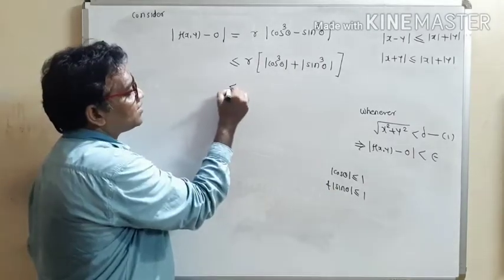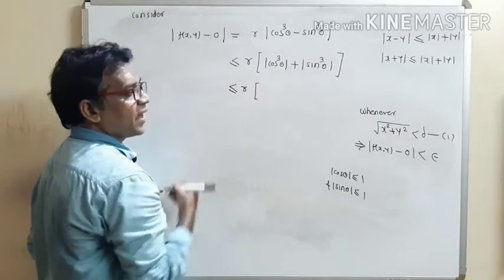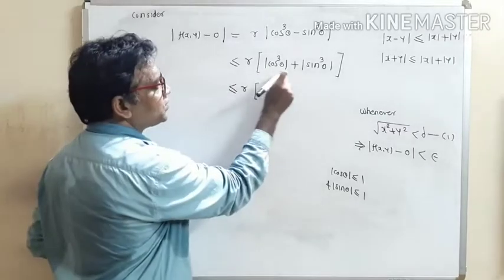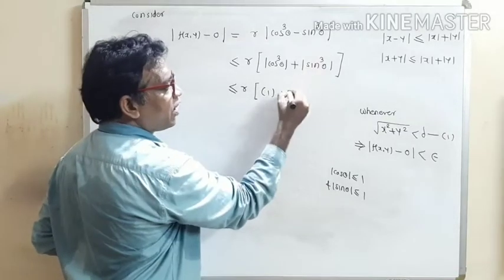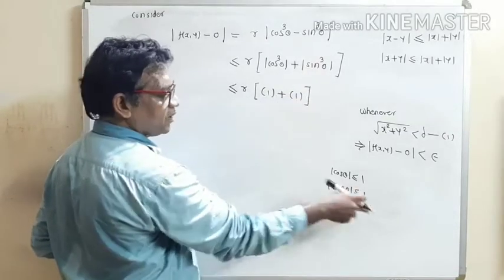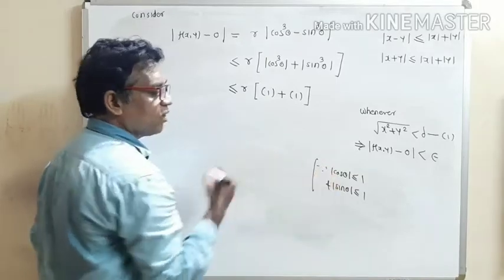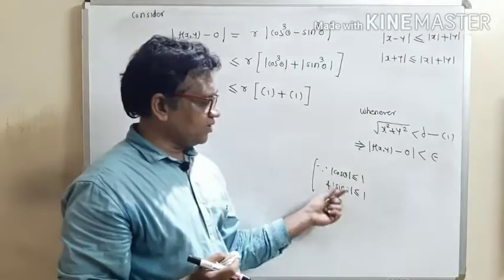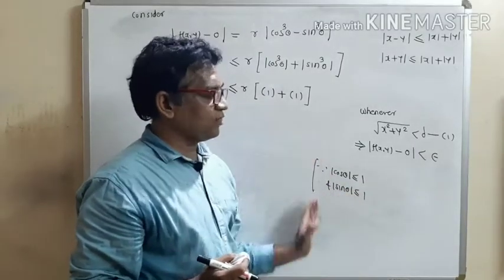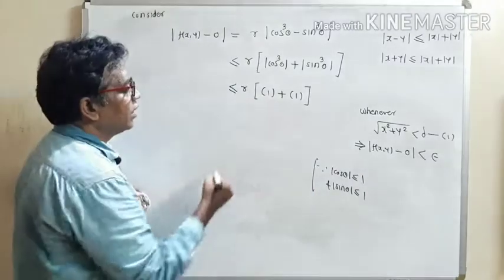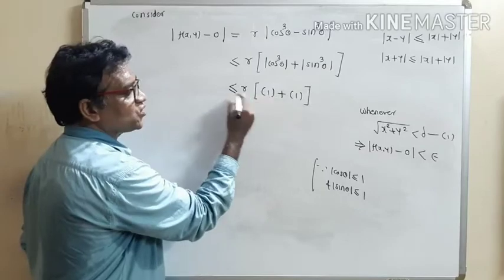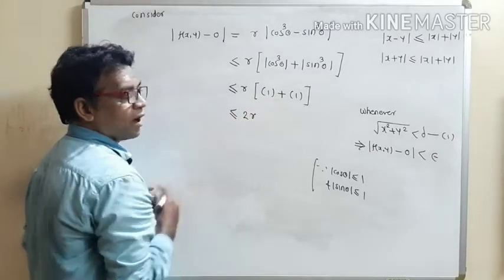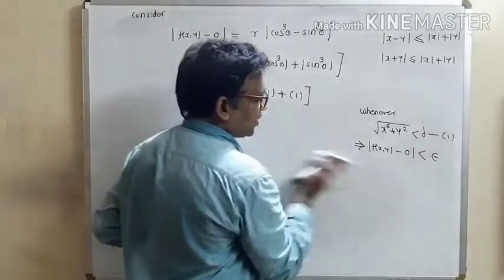So write here less than or equal to r into bracket, use the maximum value 1 plus the maximum value for sin theta, which is 1, and give the reason. This is the reason, because the maximum value for cos theta is 1 and the maximum value for sin theta is 1. So this is less than or equal to 1 plus 1, it is 2. So this is 2r.